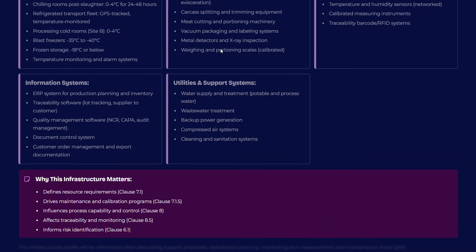Now, if you ask why this infrastructure matters, it is because it defines resource requirements. Again, let's reference the clauses: clause 7.1, and then it drives maintenance and calibration programs as per clause 7.1.5, and then it influences process capability and control as per clause 8, and then it affects traceability and monitoring as per clause 8.5, and then it informs risk identification as per clause 6.1.